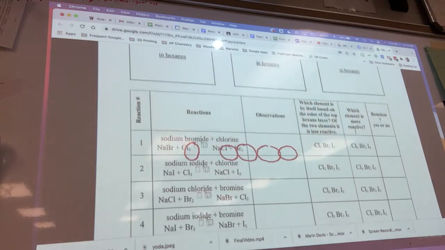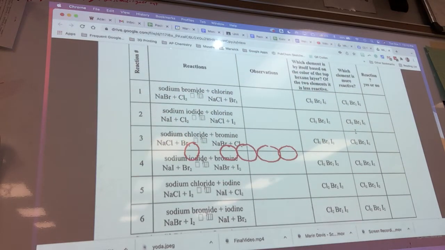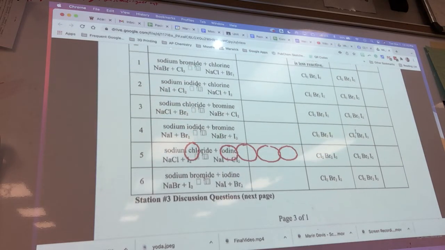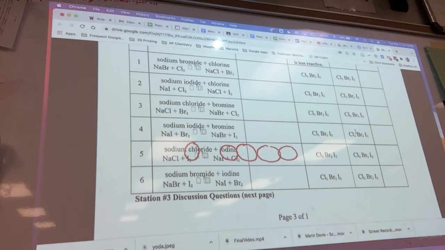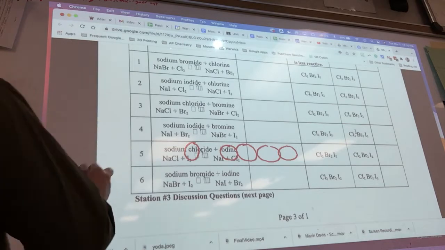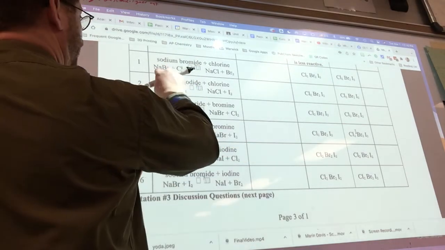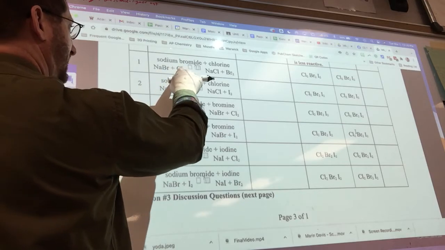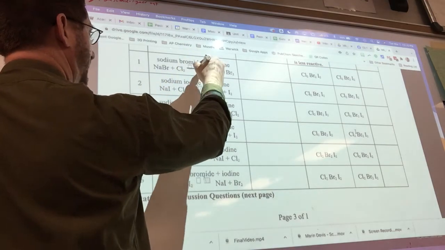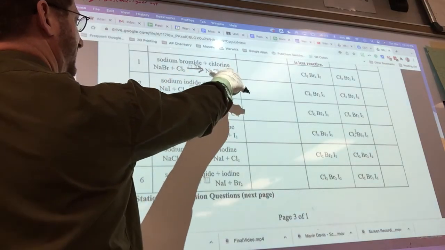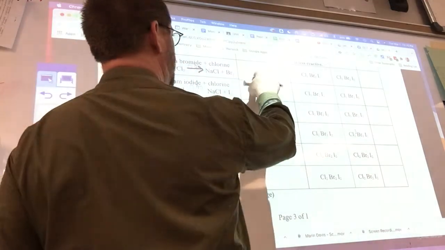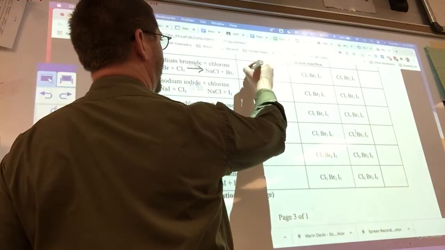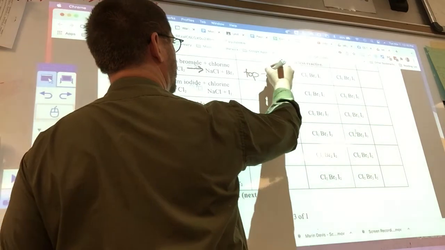Usually students find this to be the most challenging, so it might take us a little bit of time to go through this, but once you get it, I think you'll get it. So just to review, in station number 1, I put a sodium bromide salt solution in with chlorine, and I asked myself the question, will they swap places and produce bromine? Would you agree in station number 1, the top layer was orange?